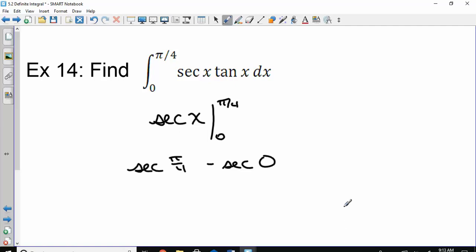Alright, pi over 4 is like 45 degrees. So 0, 30, 45. Cosine would be radical 2 over 2, so secant is the reciprocal, would just be radical 2. Secant of 0: cosine of 0 is 1, so secant would be 1. And we would just leave our answer like that. I don't need a decimal.